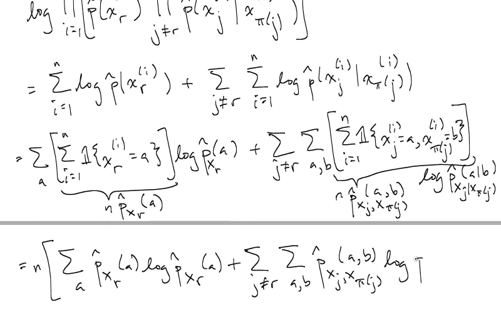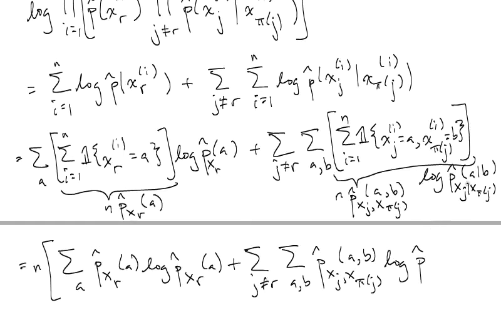log p hat. And now this p hat X_j given X_pi(j), I'm going to split this up so you can actually use the definition of conditional probability even for an empirical distribution, because an empirical distribution is actually still a distribution.